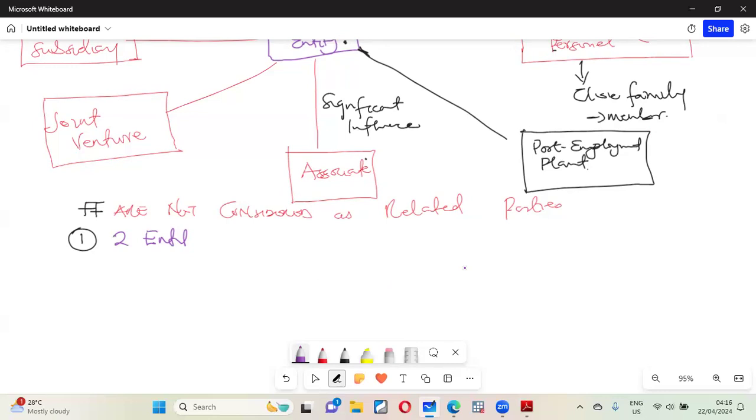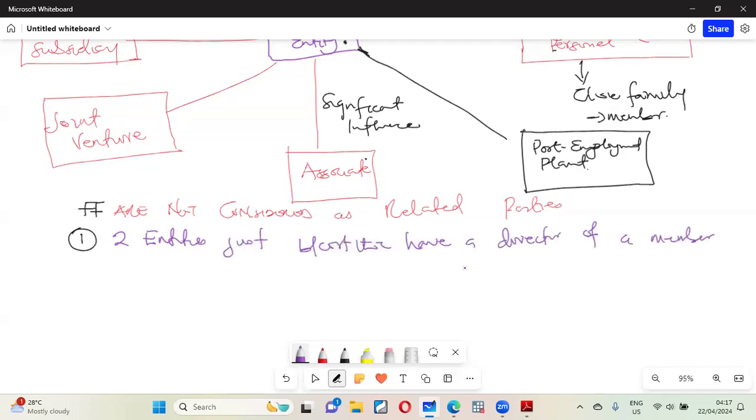So the thing is that they are not a related party just because they share a director or a key management in common. The focus is that that person must be doing something related to between them. They must be having a transaction between them, whereby in the transaction, the same person is controlling stuff or having significant influence in there.